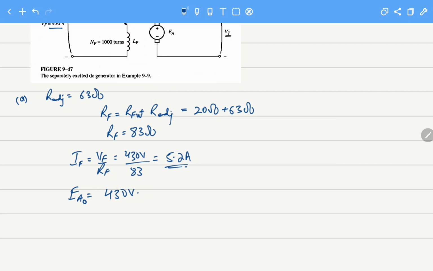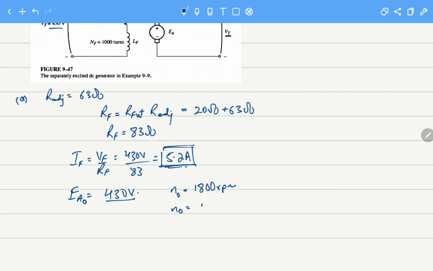This can be done with a very simple unitary method. When the current of 5.2 amperes is flowing and the speed is 1800 RPM, the voltage is this.